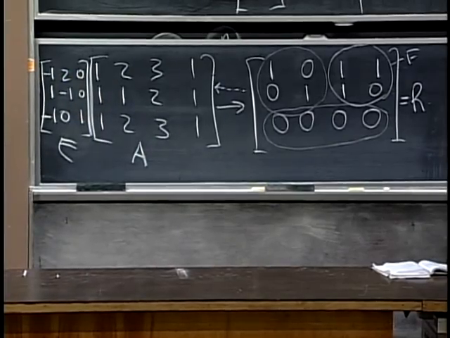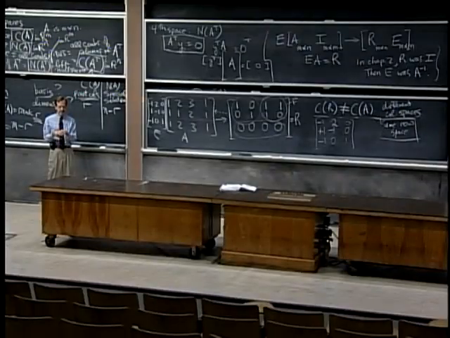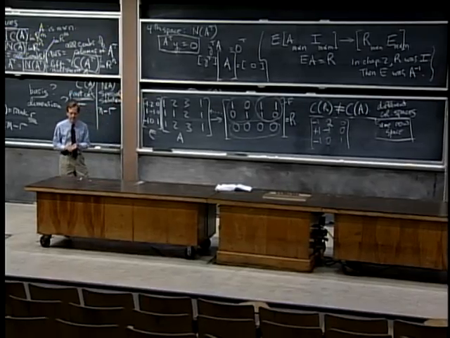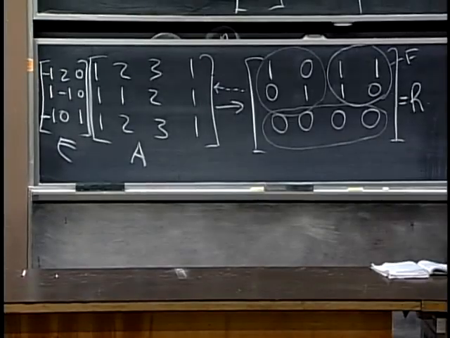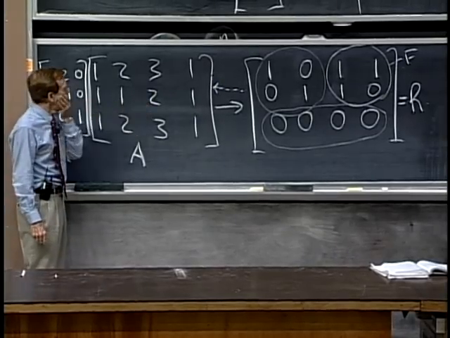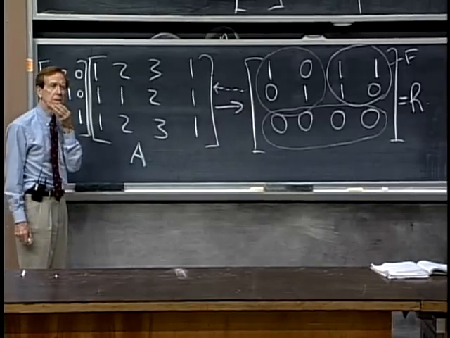All I'm struggling to do is, right, the reason I wanted this blasted E was so that I could figure out the left null space. Not only its dimension, which I know. Actually, what is the dimension of the left null space? Here's my matrix. What's the rank of the matrix? 2.